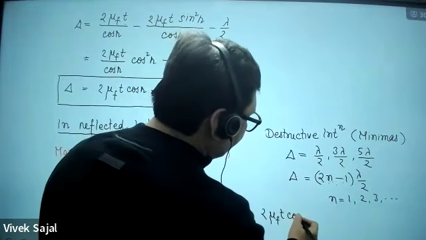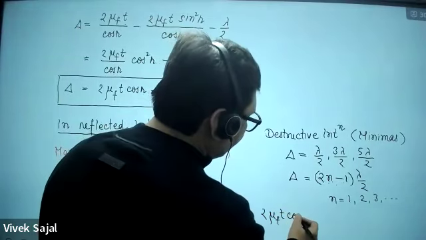So the condition will become 2 mu ft cos r equal to n lambda. But remember, this n will be 1, 2, 3, 4, not 0. So this will be the condition of destructive interference. These are the conditions of constructive and destructive interference.